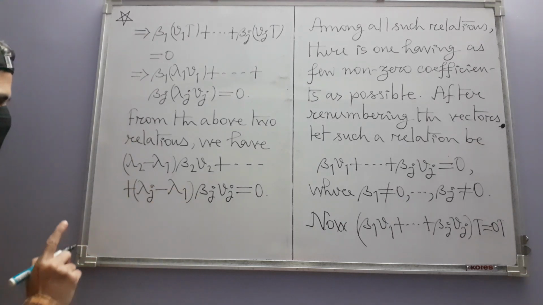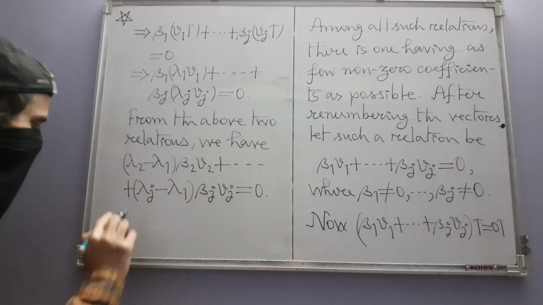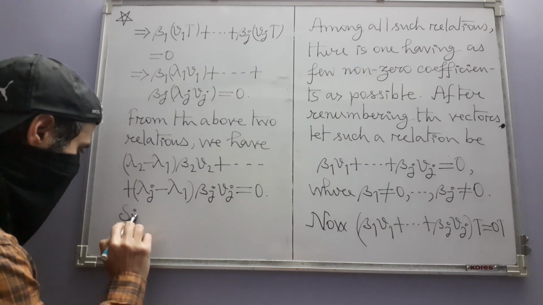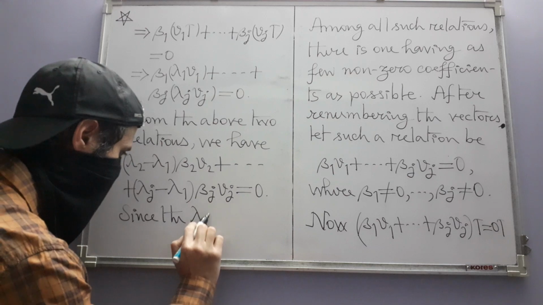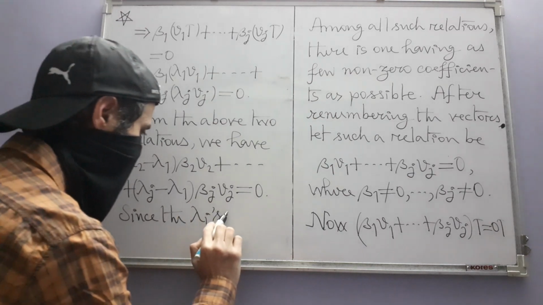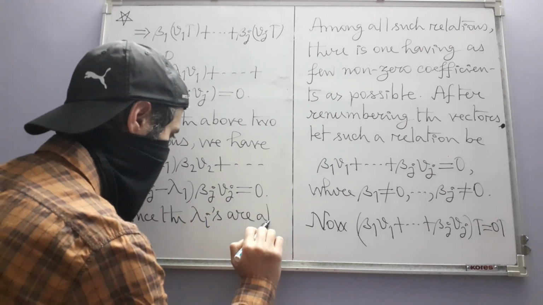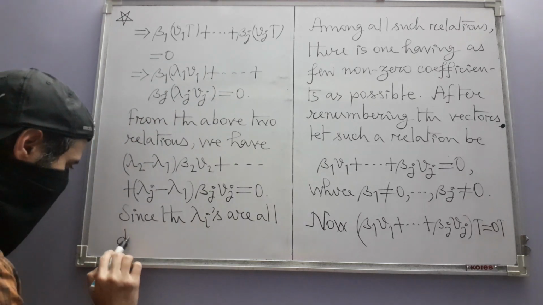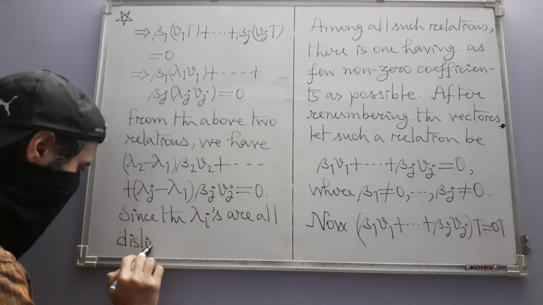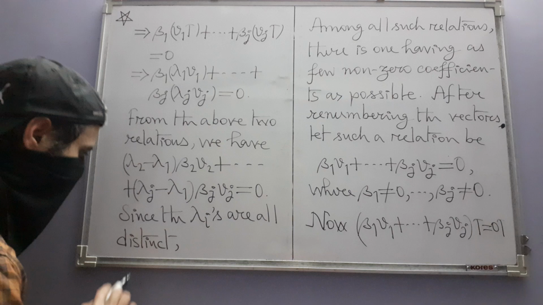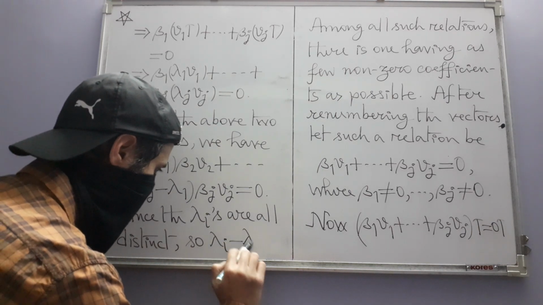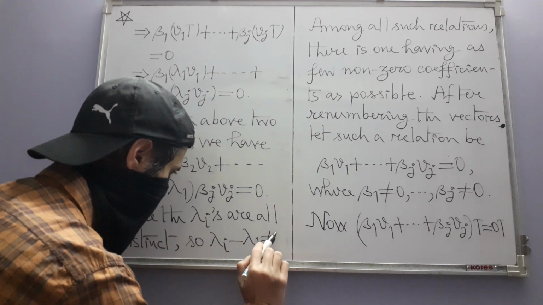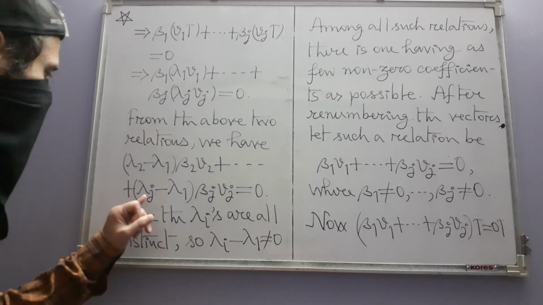Now notice that here something has happened. Since the lambda i's are all distinct, lambda i minus lambda 1 is not equal to 0. Why?